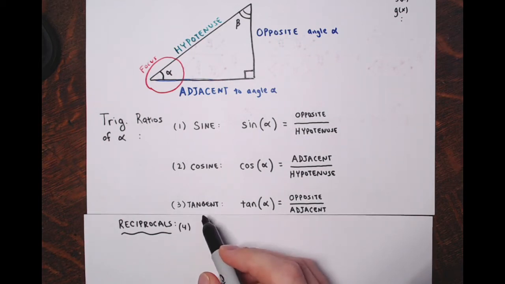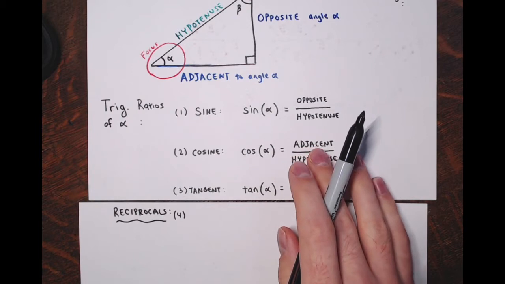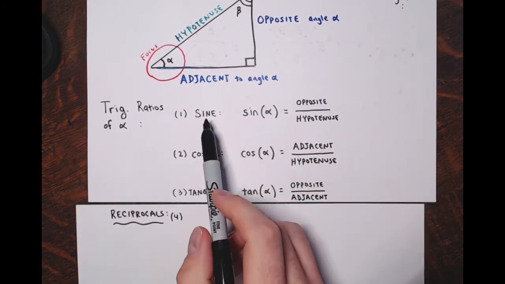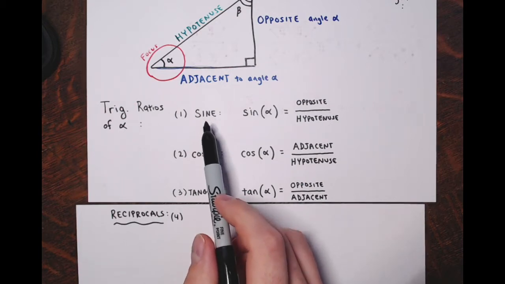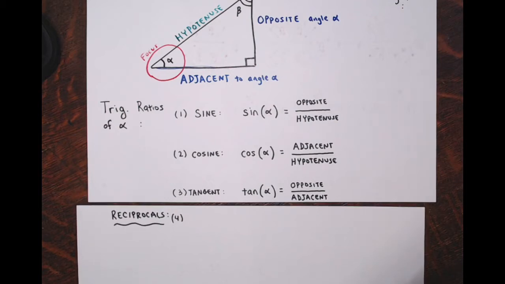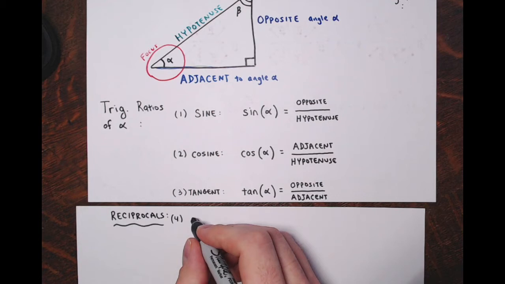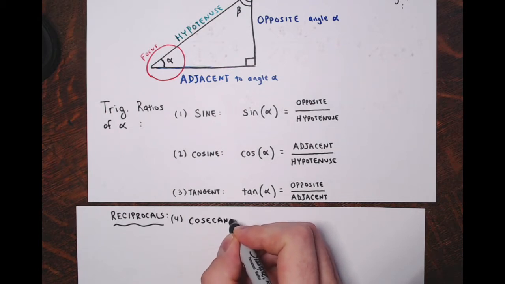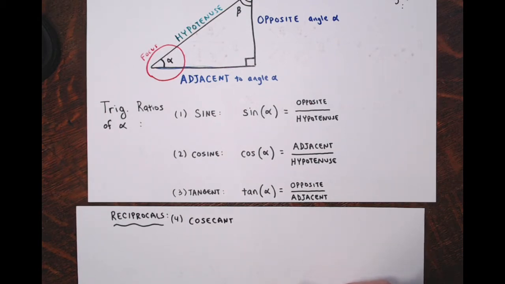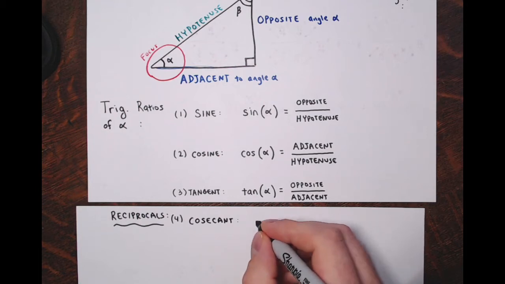So the fourth trig ratio is the reciprocal of sine. Where some of these names come from, you'll get to in a later section. But the reciprocal of the sine function, or the sine ratio, is called the cosecant. Cosecant. It's abbreviated in function notation as CSC.